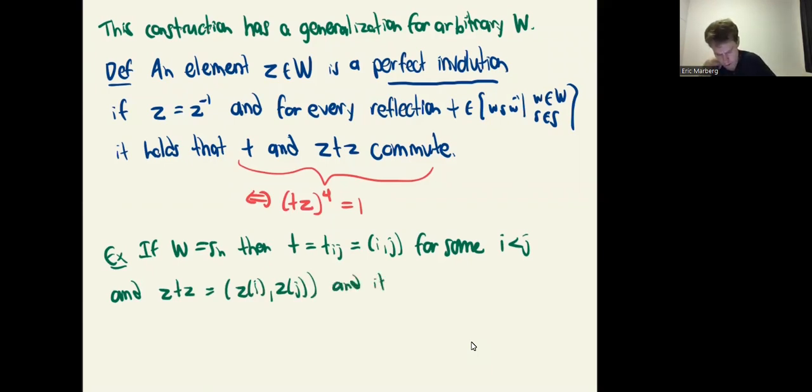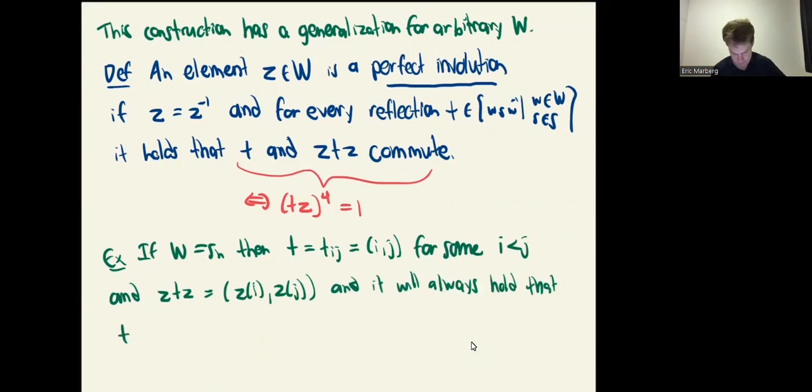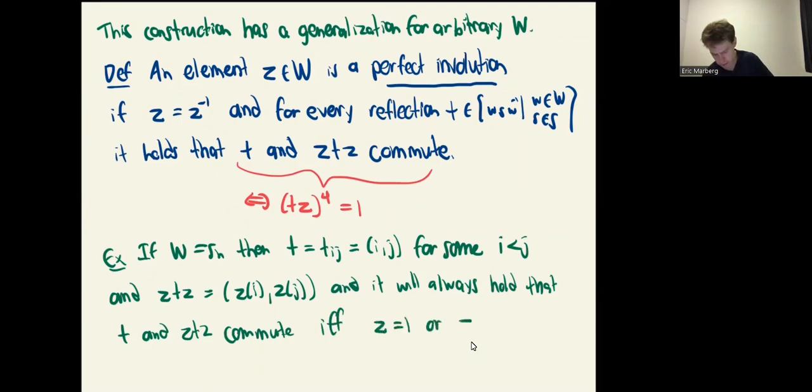It will always hold that T and ZTZ commute if and only if Z is 1 or Z is a fixed point free involution.